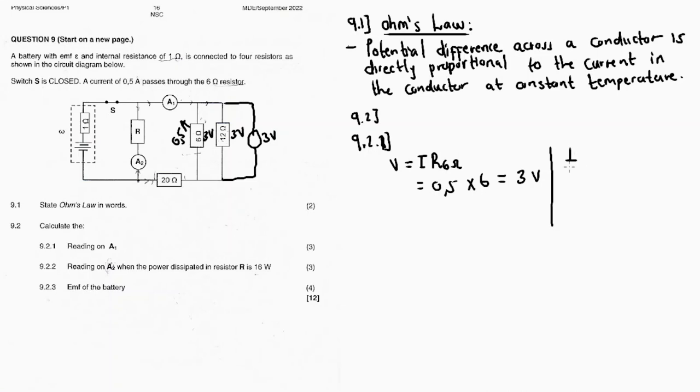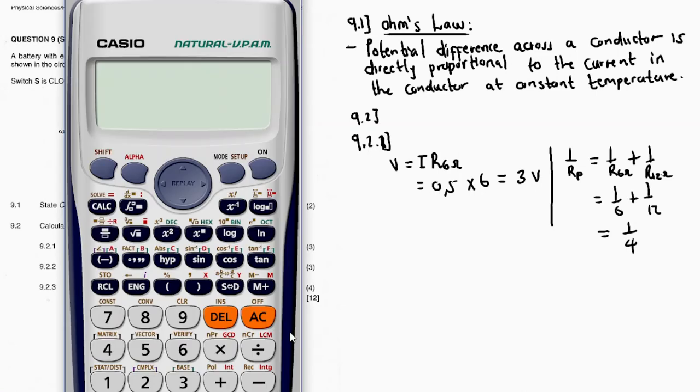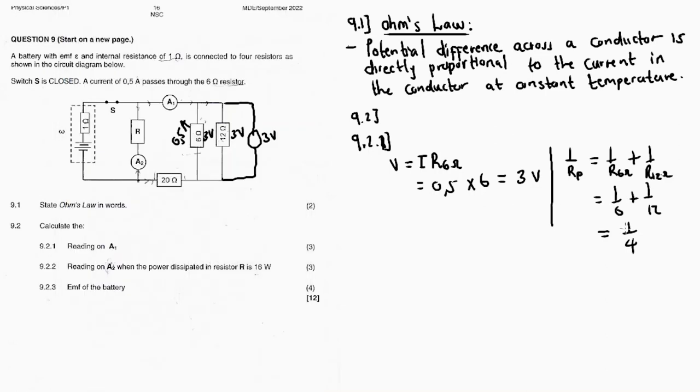So 1 over Rp is equal to 1 over R6 ohm plus 1 over R12 ohm. So this is equal to 1 over 6 plus 1 over 12, which is equal to 1 over 4.